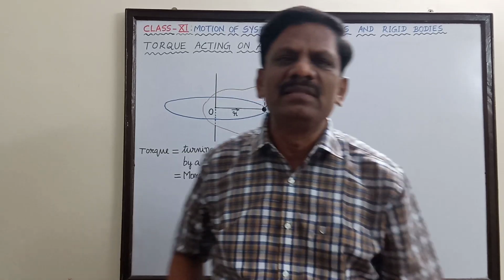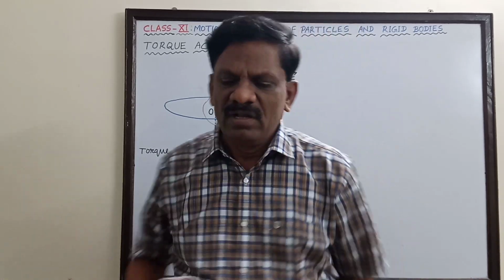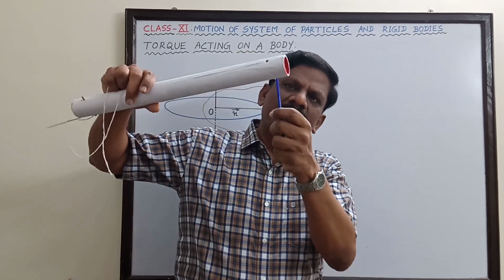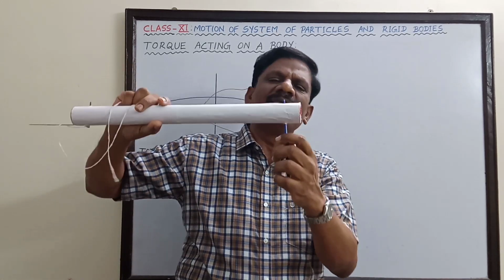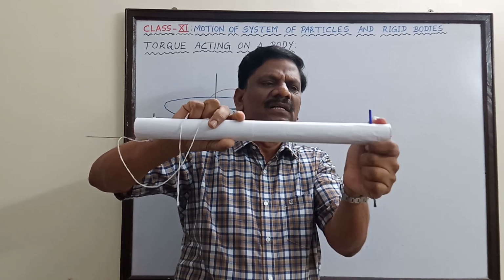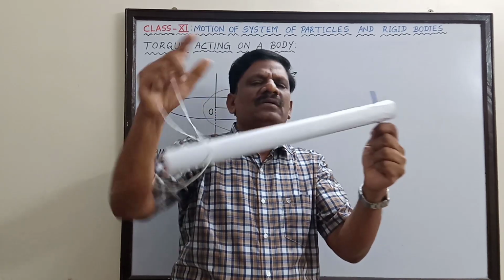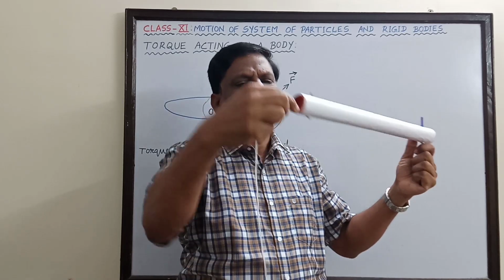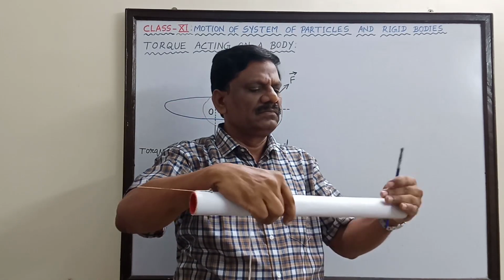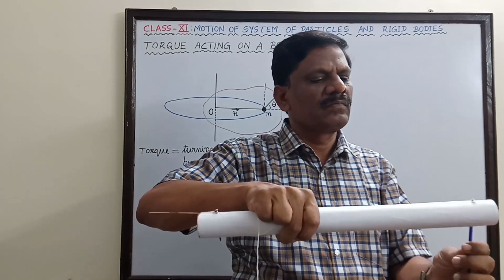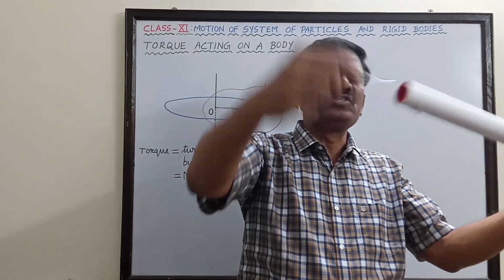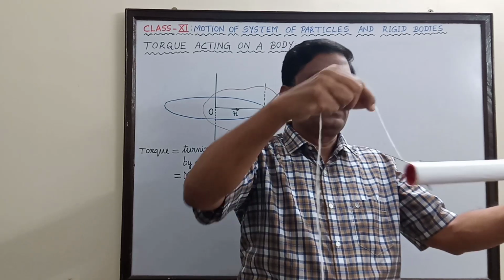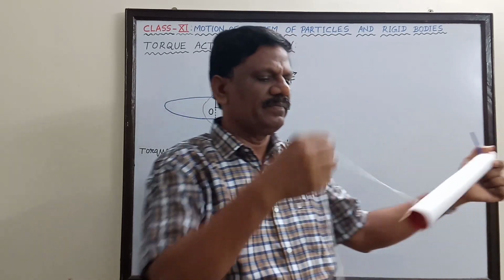Now I will repeat this in a different way. I will take a rod and fix one end of this rod to the cylindrical rod. Now the same string I will pull in a different way.